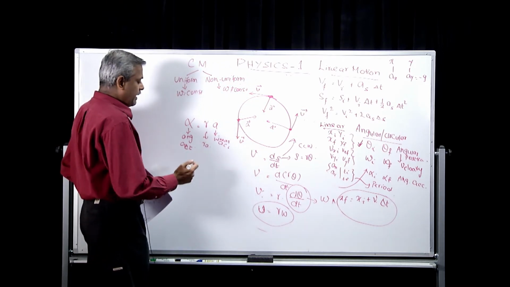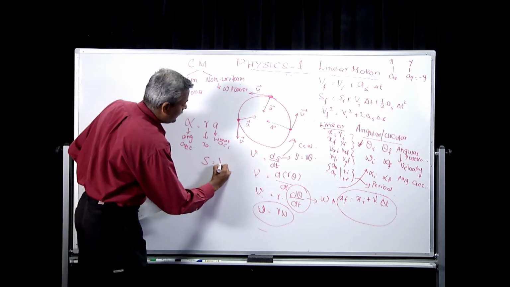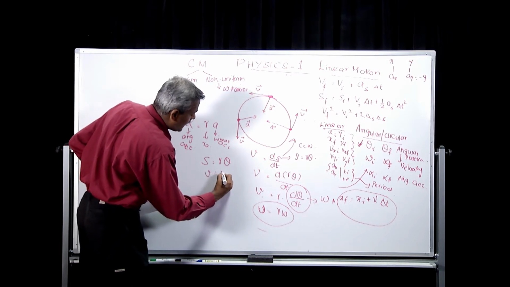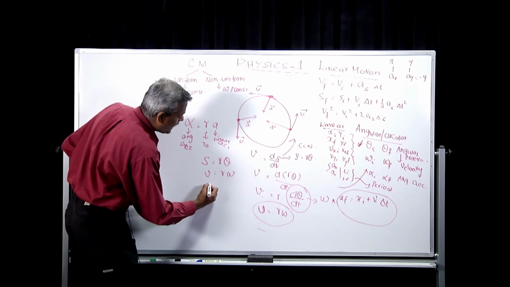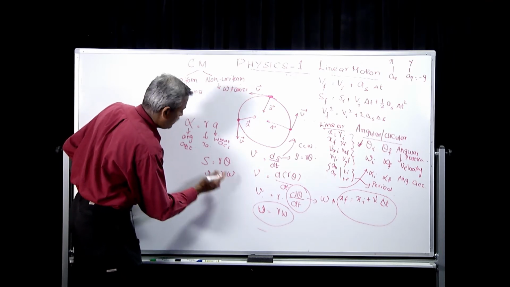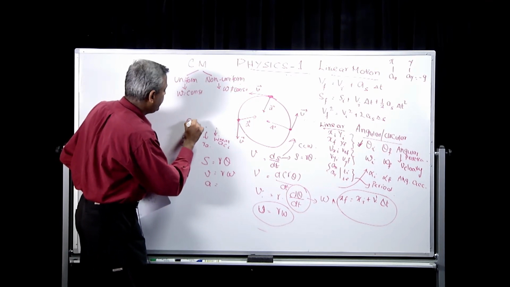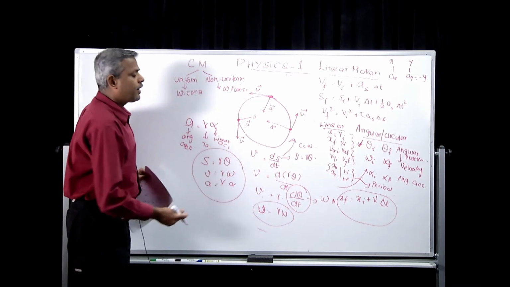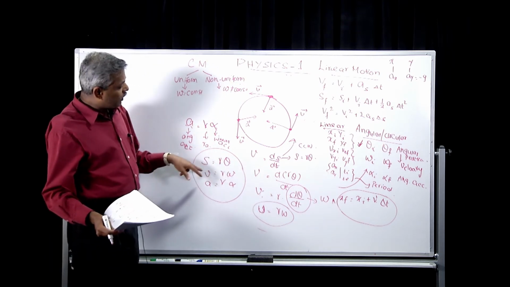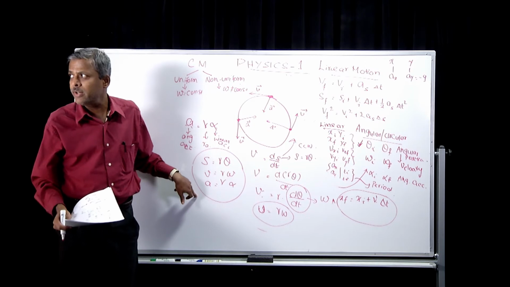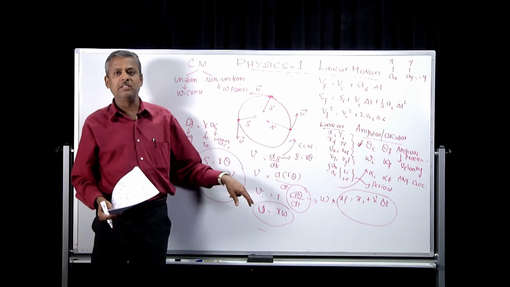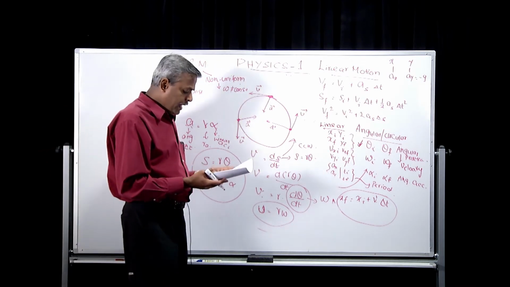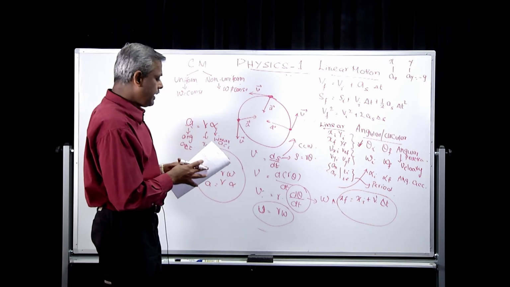So overall, linear position is angular position times r, linear velocity is angular velocity times r, and linear acceleration is angular acceleration times r. Look at the consistency. Even with position, velocity and acceleration, I get my connecting factor, that is called r. If you multiply by r, your problem is solved. That is the one which we will use.